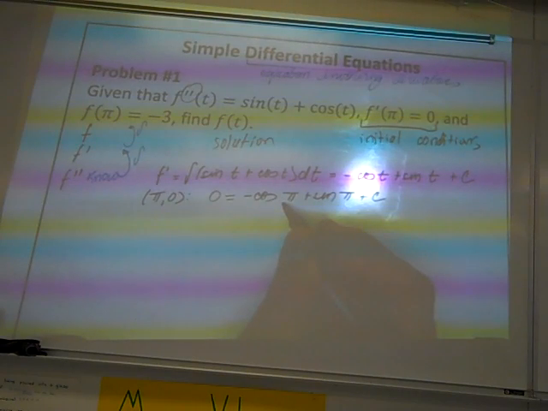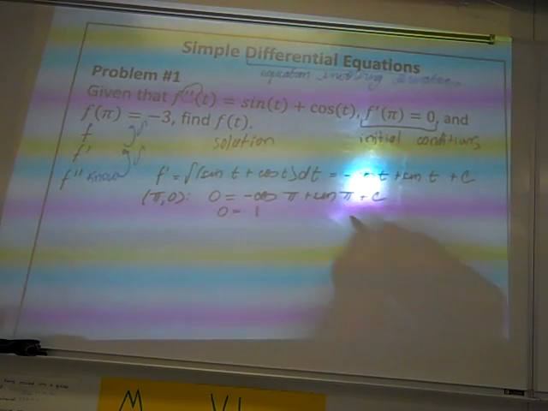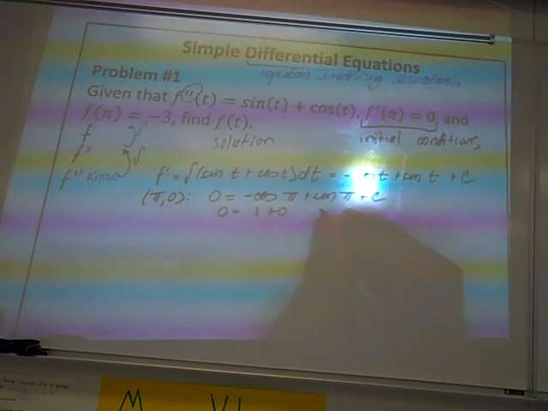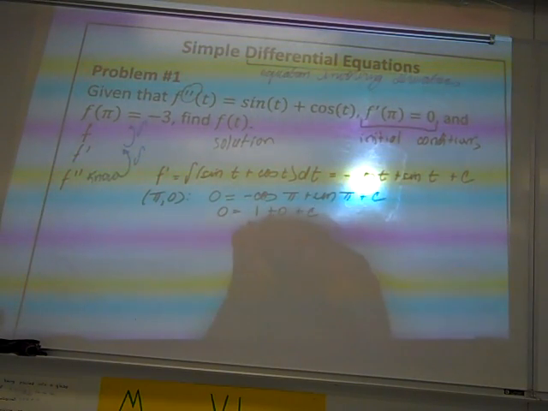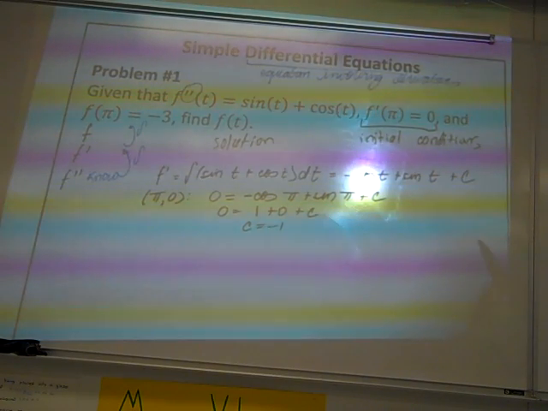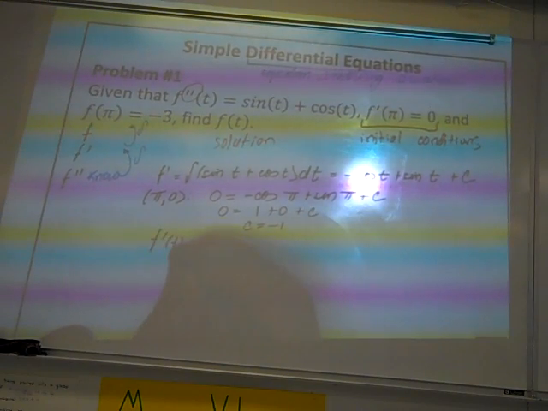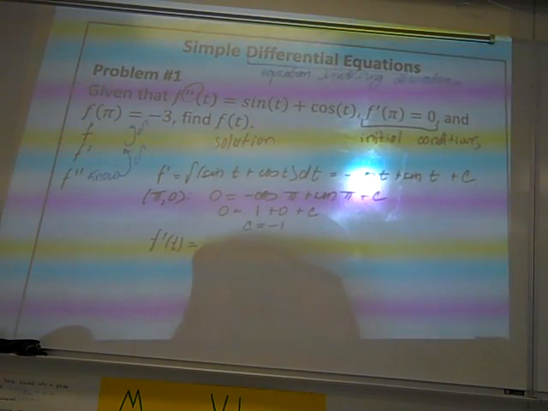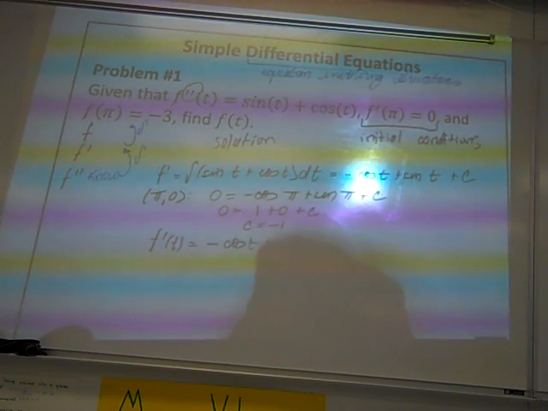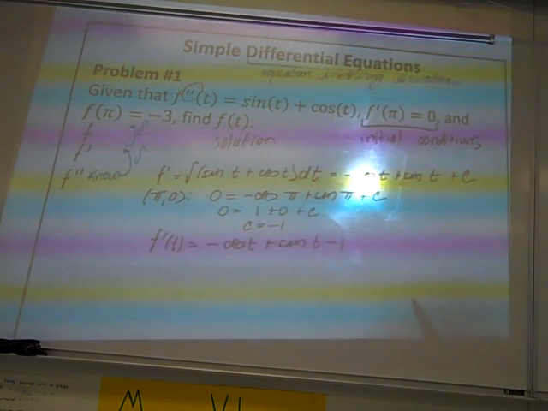The cosine of pi is -1, so negative cosine of pi would be positive 1. The sine of pi is 0, and then we have Charlie. We should get that your constant of integration, or what we lovingly call Charlie, is -1. Because of that, we can pronounce that f prime of t must be of the form negative cosine of t plus sine of t minus 1.